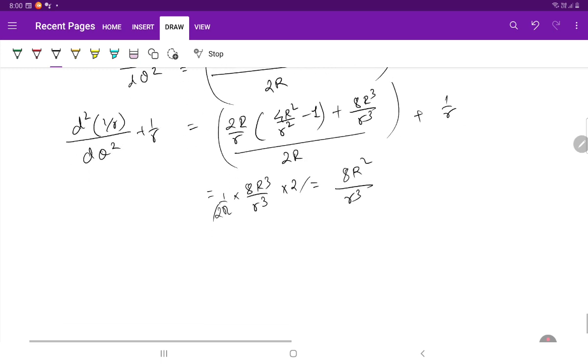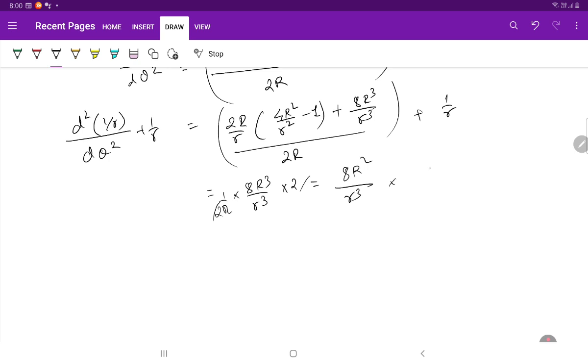Now the factor we have to multiply is L square by m r square. Multiplying with 4 m square v naught square capital R square, we'll get the answer to be 32 m v naught square R to the power 4 by small r to the power 5, and hence 4x is equal to 32 and 8 is the answer.